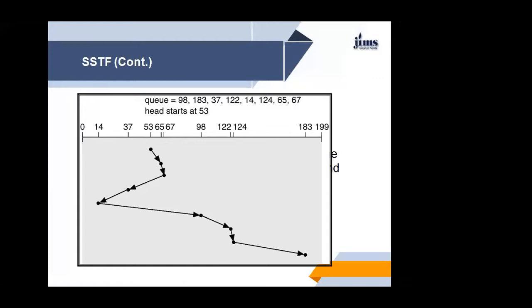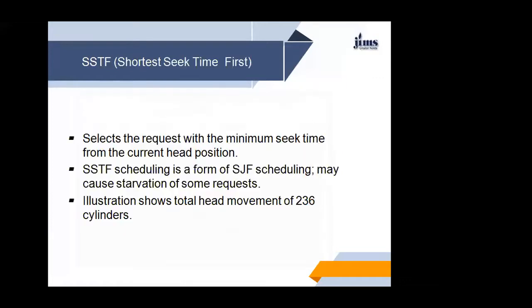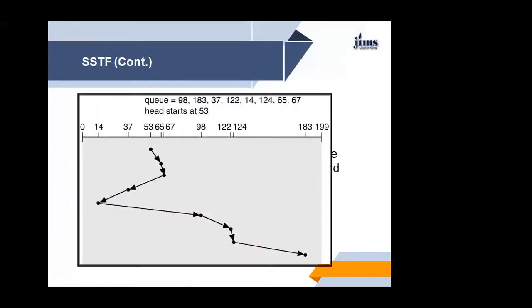Okay, so in this way, when we calculate the head movement, we will find that the total head movement is 236, which compared to first come first serve scheduling, which in the earlier case was 640, is only 236 cylinders.